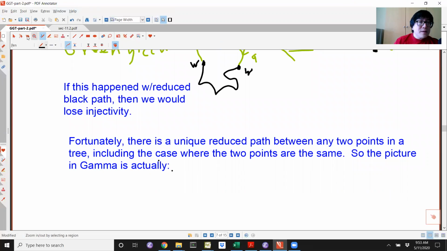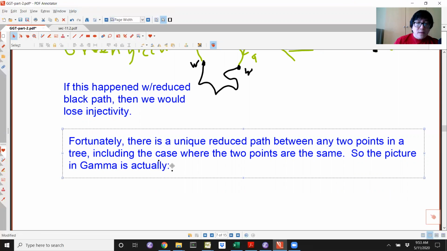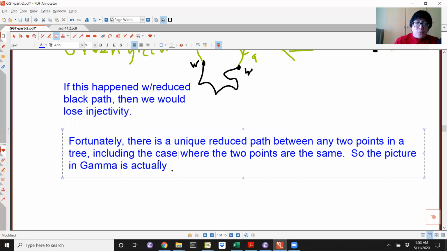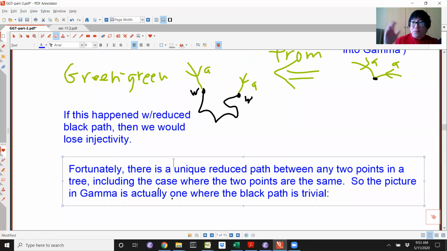Let me say that. It's actually one where the black path is trivial. Right, so there's only one reduced way to get from W to W, and it's just to sit there.